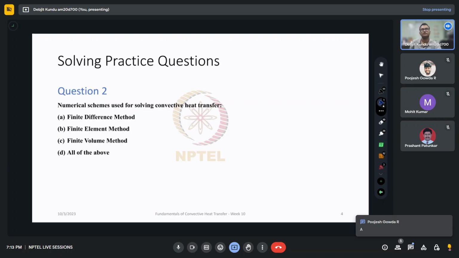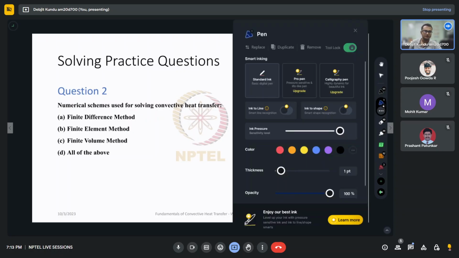Okay, we have one response saying that it should be option A, finite difference method.